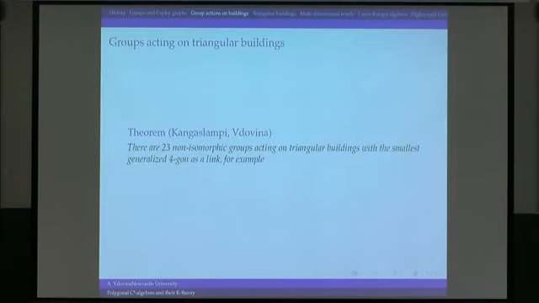Okay, so just to give a flavor of which kind of results I was interested in: for example, in geometric group theory, it's difficult to get groups acting on triangular hyperbolic buildings. And with a collaborator of mine, we have found all groups acting on triangular buildings with the smallest possible link.